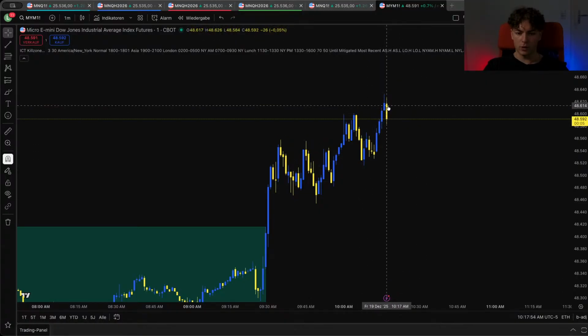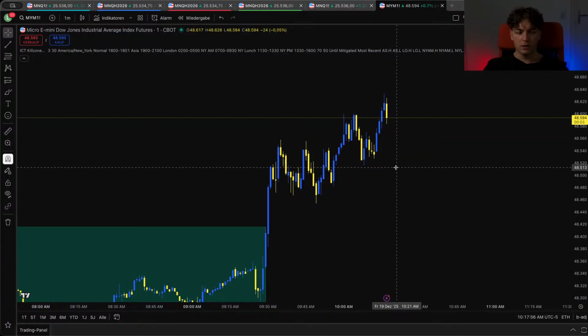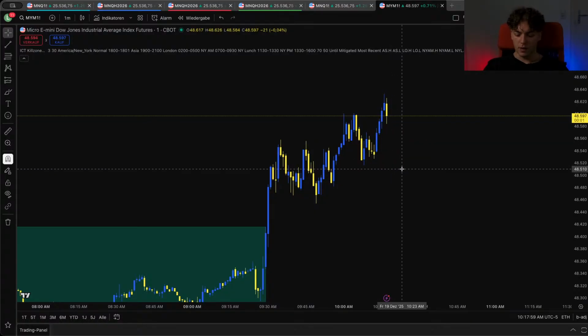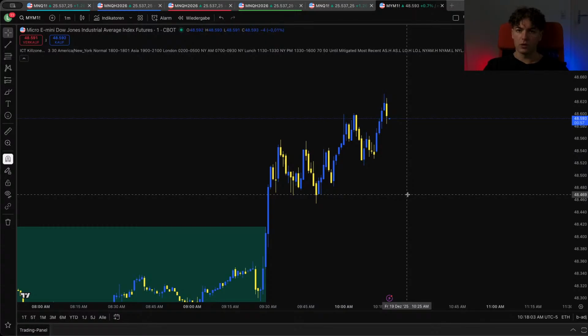So when Dow is willing to make a market structure shift to the downside, that's when we see NQ really drop to the downside. But yeah, we'll see.